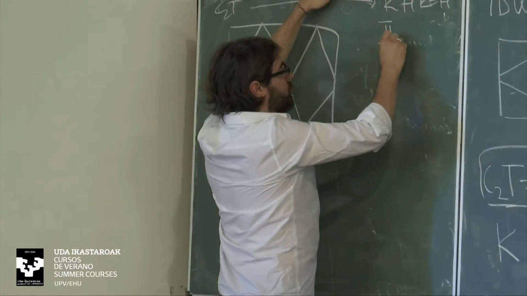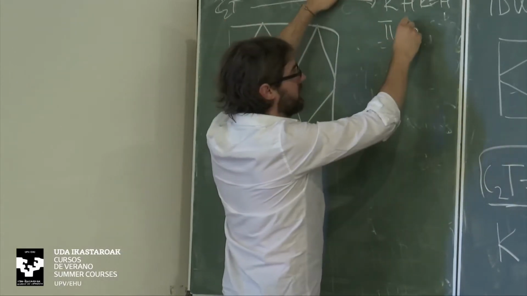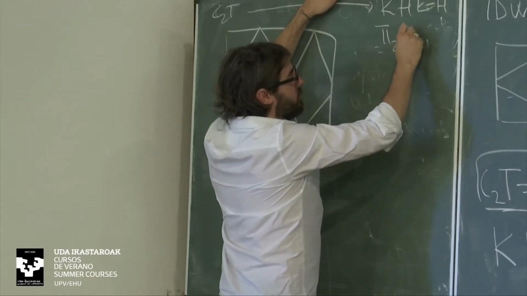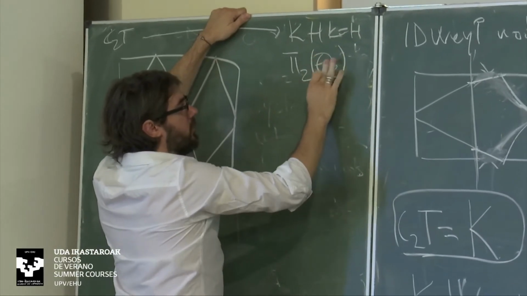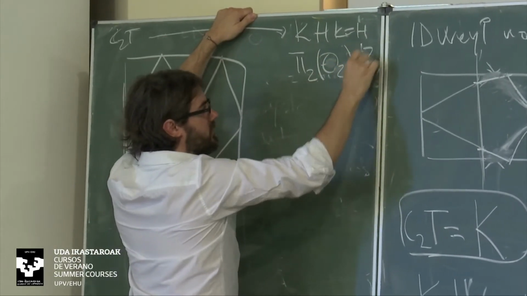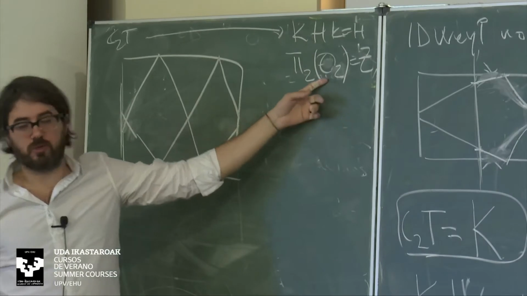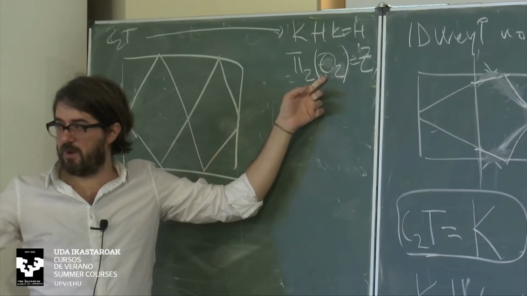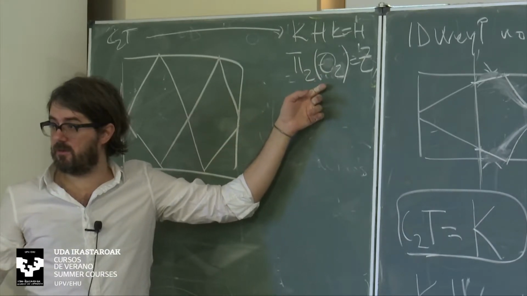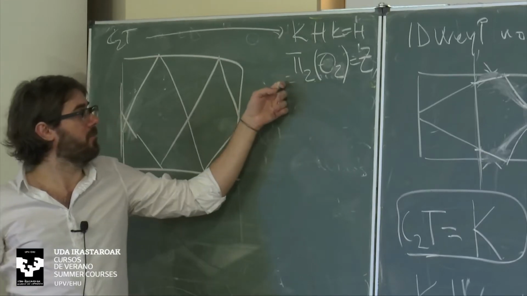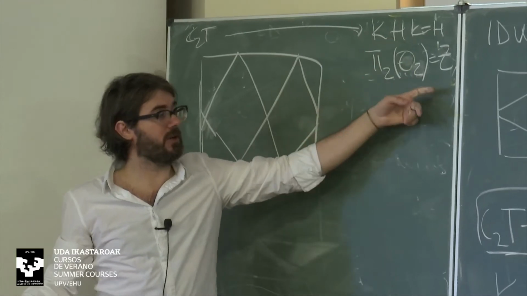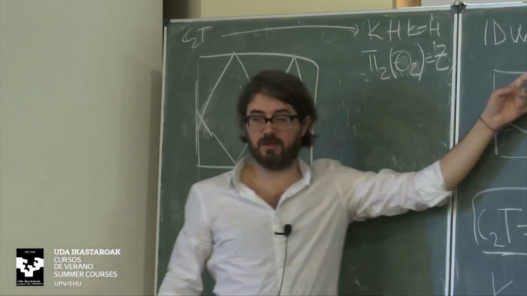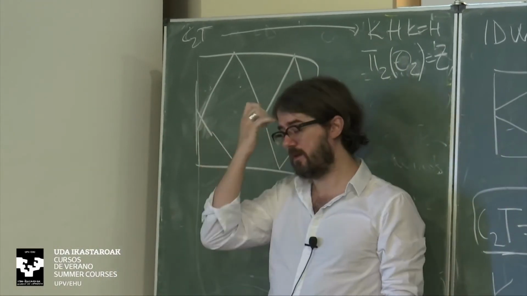And because we're in 2 dimensions, a 2-dimension torus, pi 2 of O2 is equal to Z. So O2 is the subspace of 2 occupied bands. I compute the second homotopy group on the Hamiltonian, and this is Z. And this Z is nothing else but the winding of the Wilson loop.